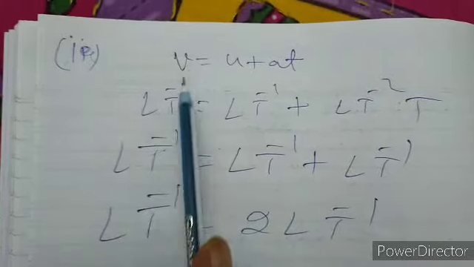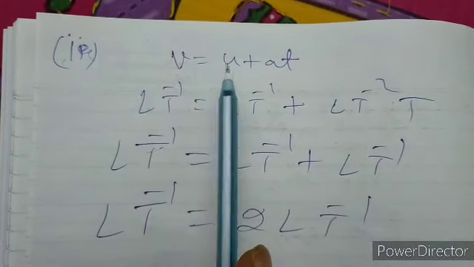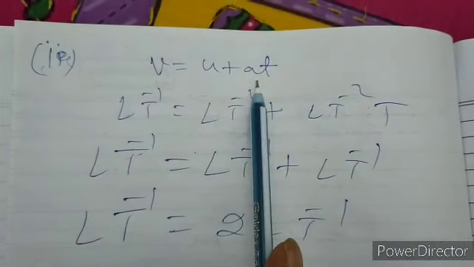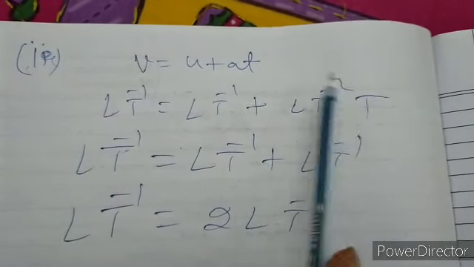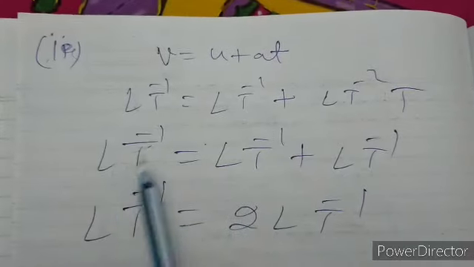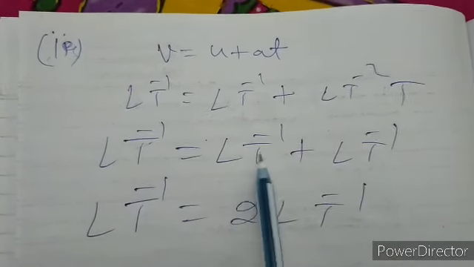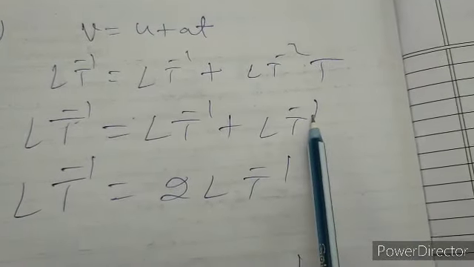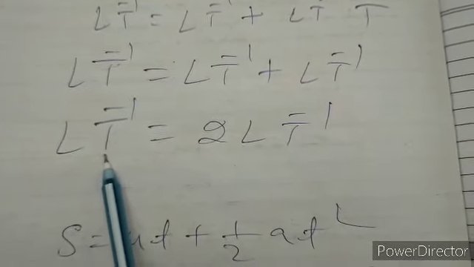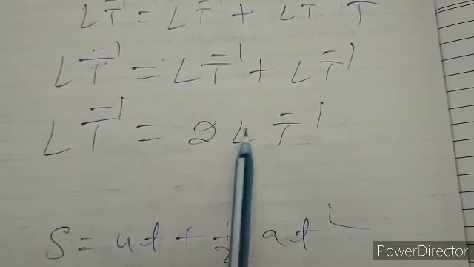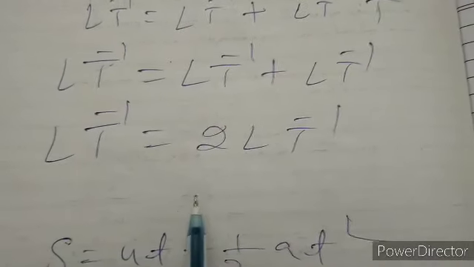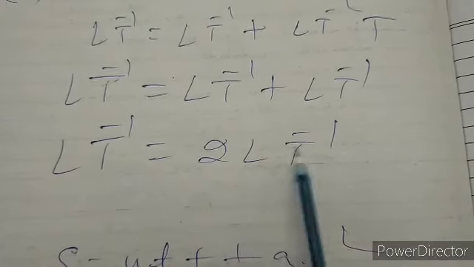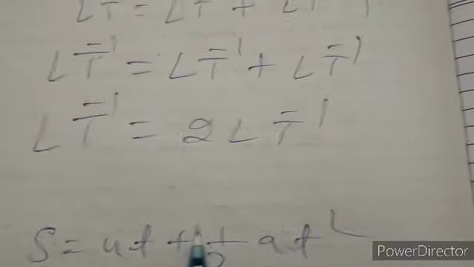Substituting the dimensional formulas: v is LT^-1, u is also velocity, LT^-1, plus a, acceleration, LT^-2, and time T. Now LT^-1 on the left, and on the right LT^-1 plus LT^-2 times T, which is LT^-1. So LT^-1 equals 2 LT^-1, where 2 is a number. The dimensional formula on both sides is the same, LT^-1 equals LT^-1. Therefore this is a correct formula.